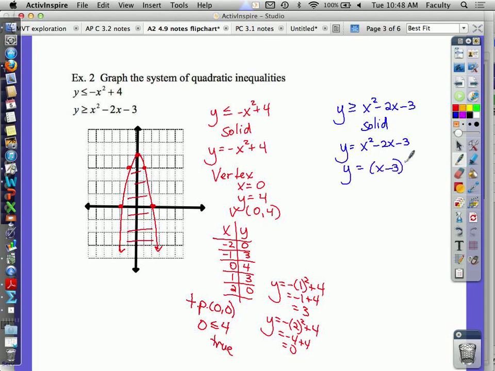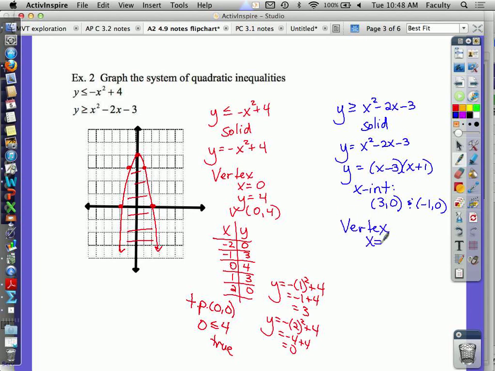Do you guys remember that when we were graphing quadratics? My x-intercepts then are 3, 0 and -1, 0. Then I don't have to make a table. I still need to find my vertex, but then I can use the two x-intercepts to graph it.